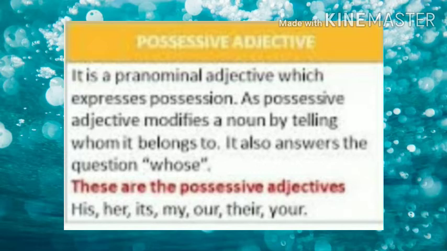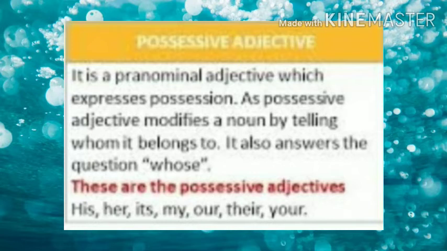See the examples for possessive adjectives: his, her, its, my, our, their, your. For example, if the teacher is asking whose pen is this, we can say his pen, her pen. Questions which are answered to whose are answered by the possessive adjective.